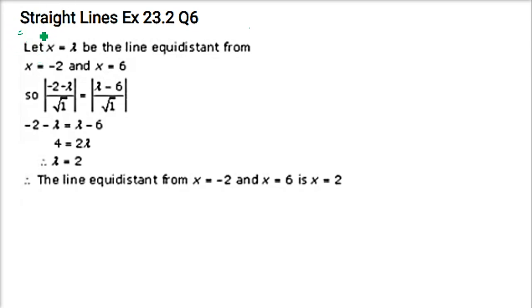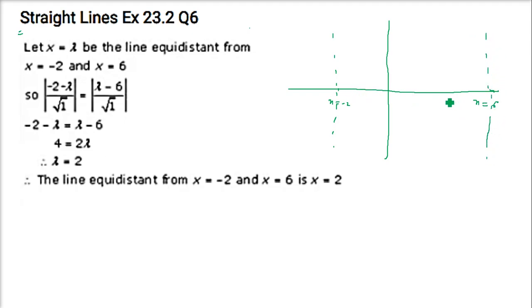Find the equation of a line equidistant from the lines x equals minus 2 and x equals 6. So we have to find a line which is equidistant from these two lines. So x equals minus 2 will be somewhere here, and x equals 6 will be here. So we have to find a line which is in between.